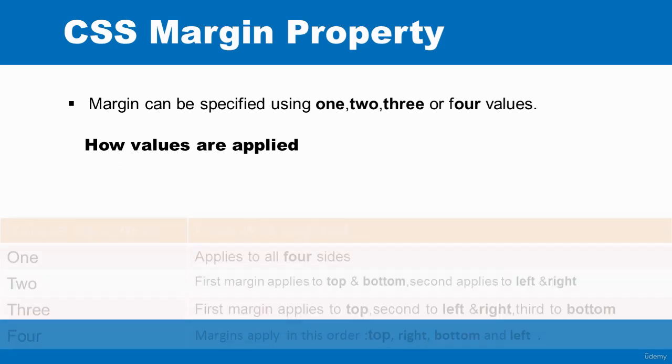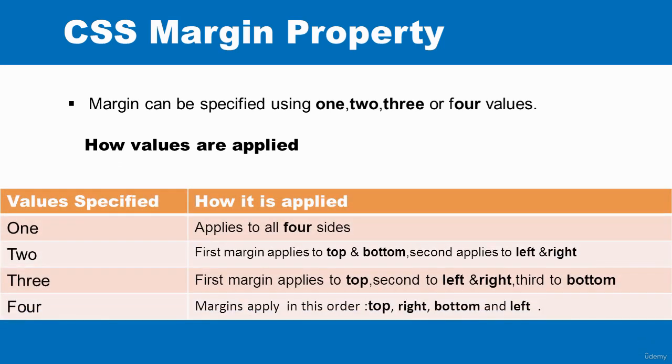So this is a table. Say if you have just one value specified, that value is applied to all the 4 sides of the margin. If you have 2 values specified, the first margin applies to the top and the bottom. The second applies to the left and the right.